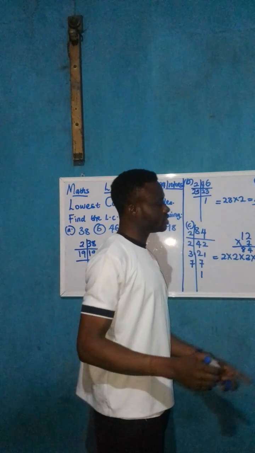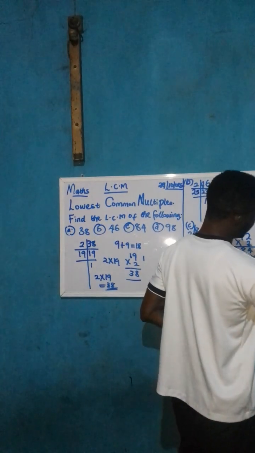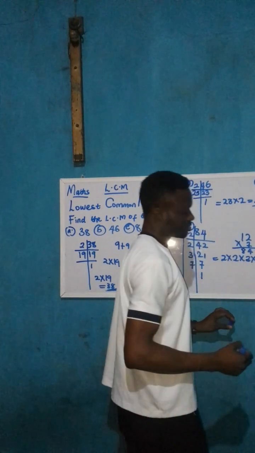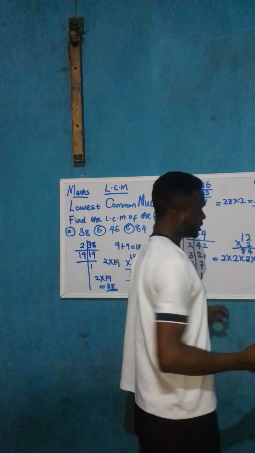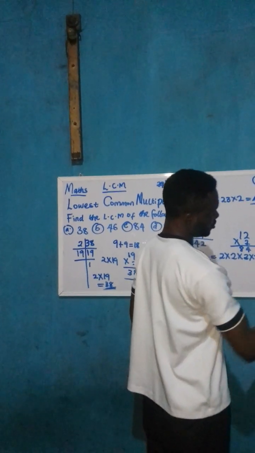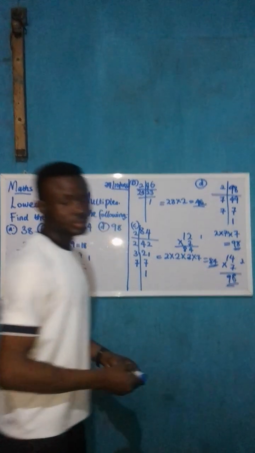Because 2 times 7 is 14. 14 times 7: 7 times 4 is 28, so write 8 carry 2. 7 times 1 is 7, plus 2 will give us 9. So this is the lowest common multiple.